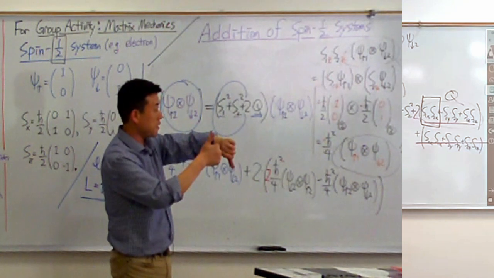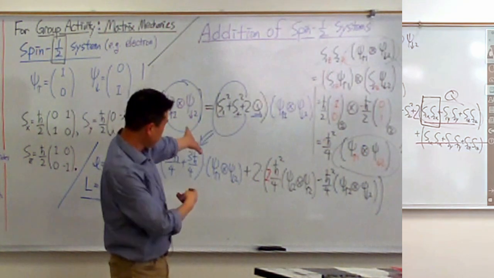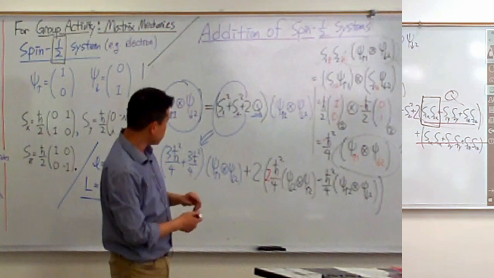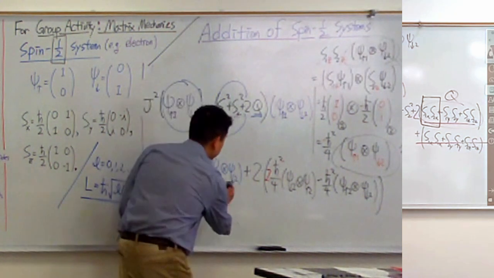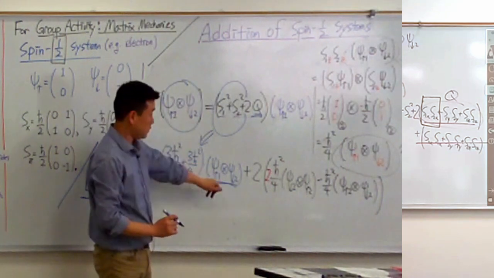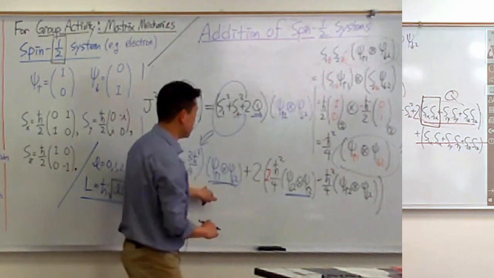When you try to measure the total angular momentum, you don't even get the same state back, because the state that you get back is a combination of this, which is what you started out with, mixed in with some of this, which is not what you started out with.